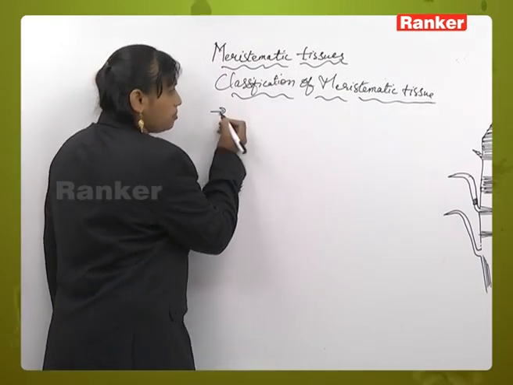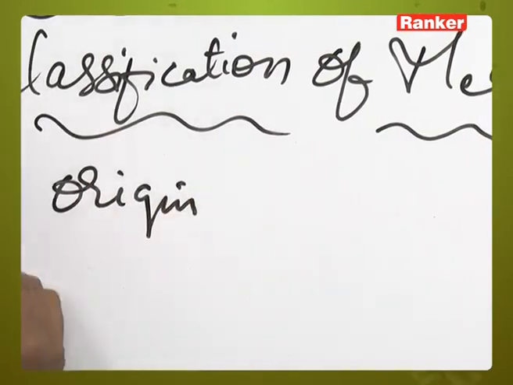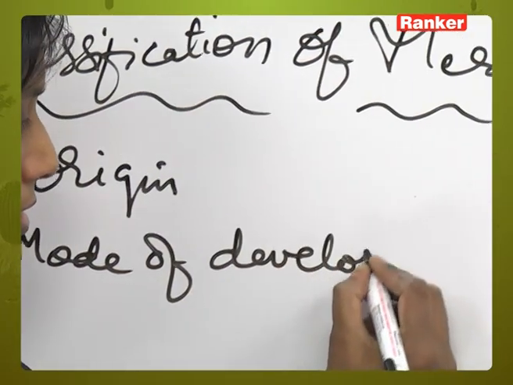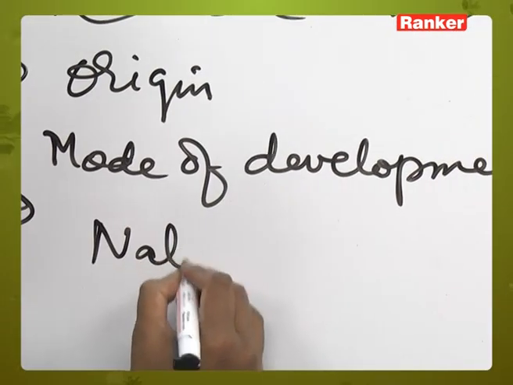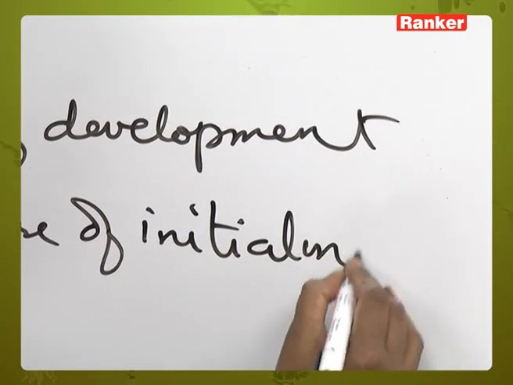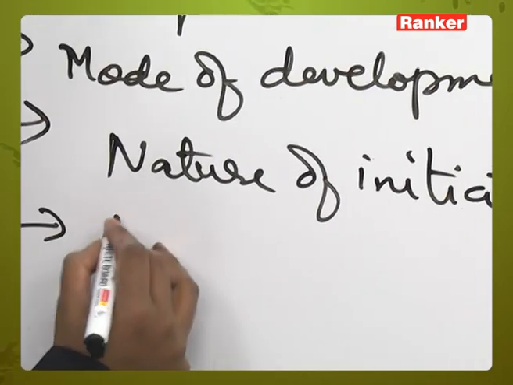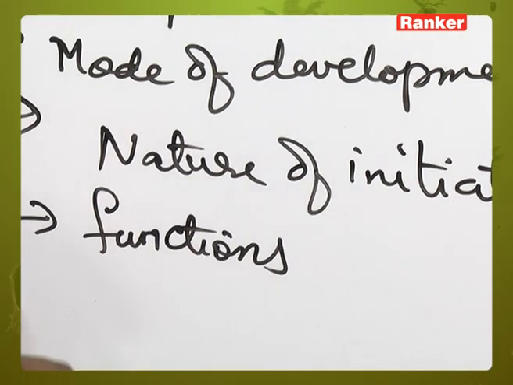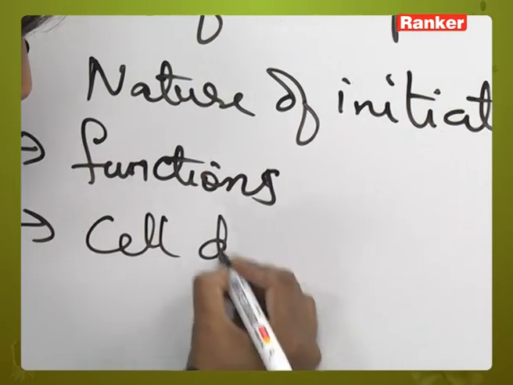The meristems can be classified on the basis of origin. Second, on the mode of development. Then on the nature of initiating cells. Then on the function it is carrying out, and on the type of cell division and growth patterns.